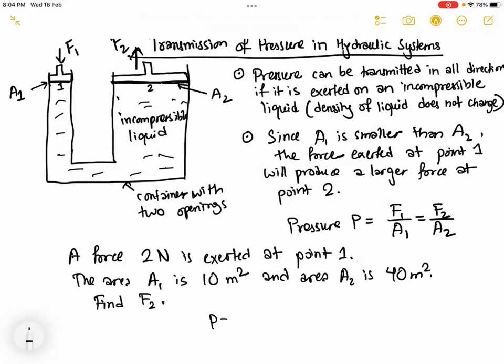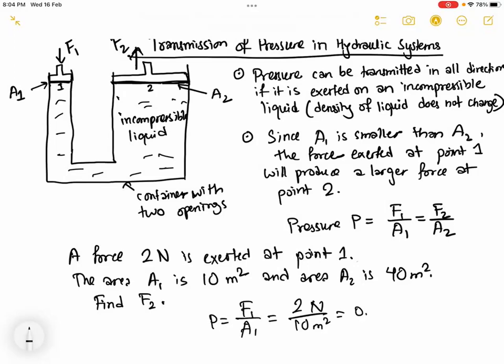So let's try to find the pressure first, pressure that is in the incompressible liquid. So that is F1 divided by A1. F is 2 Newton. A1 is 10 meters square. So that is what? 1 by 5.